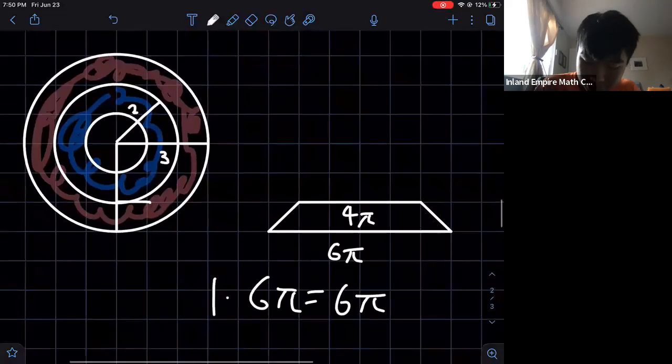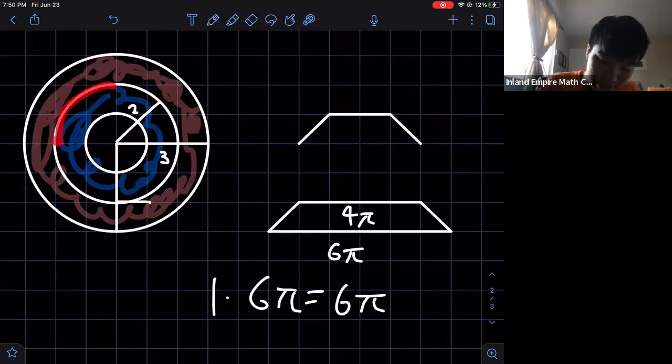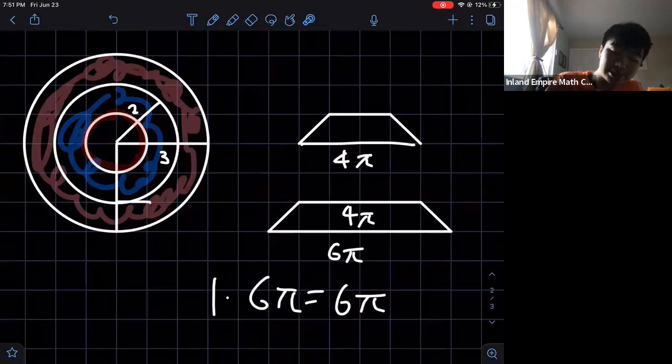And then if we take this ring right here in the middle, we can create a new trapezoid that's going to look something like this. It's going to have a bottom radius, or the outer radius, which is going to be the length of this circle. It's going to be 4 pi. And then the length of this inner circle is going to be just 2 pi.